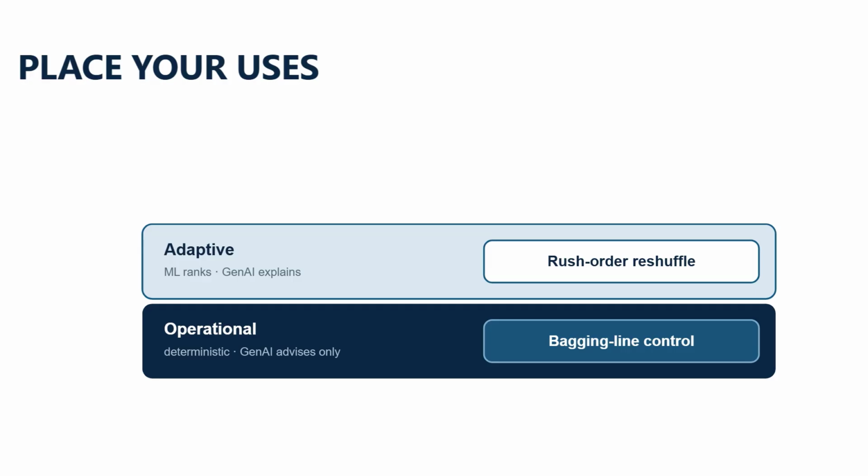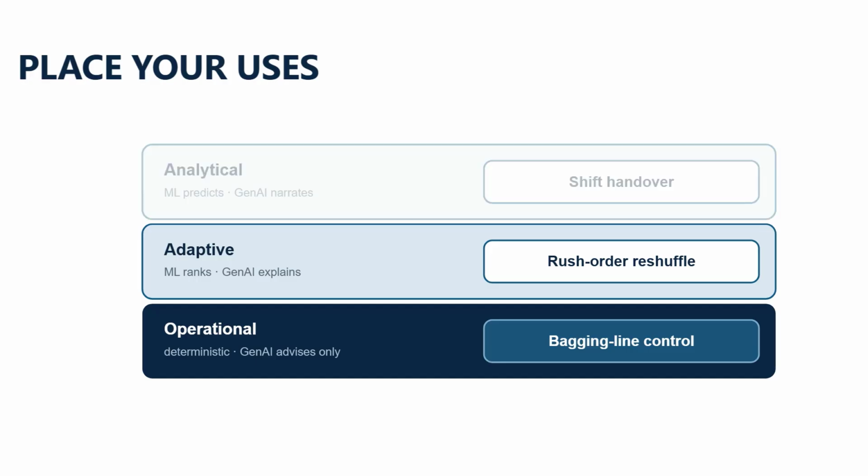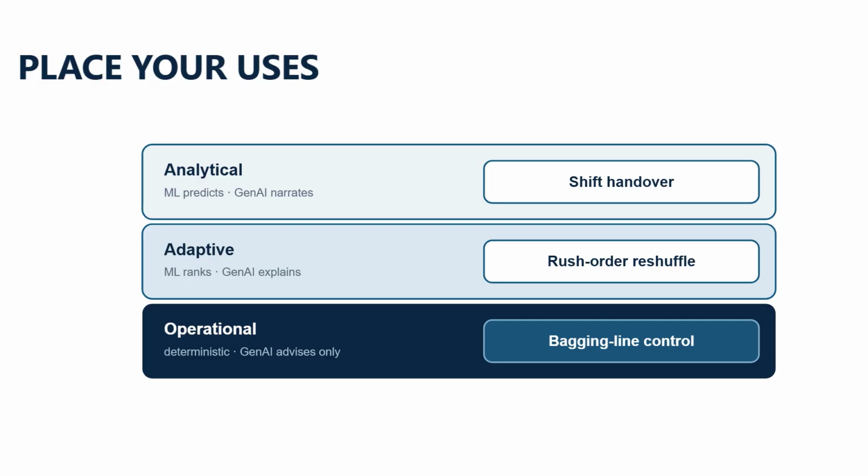Machine learning ranks the feasible options, generative AI explains the trade-offs, a person picks. The shift handover, that is analytical. Machine learning flags what drifted, generative AI writes it up in plain language. Same plant, three jobs, three levels, and each one lands somewhere obvious once you ask the question.